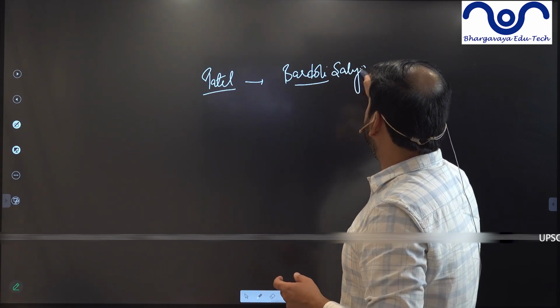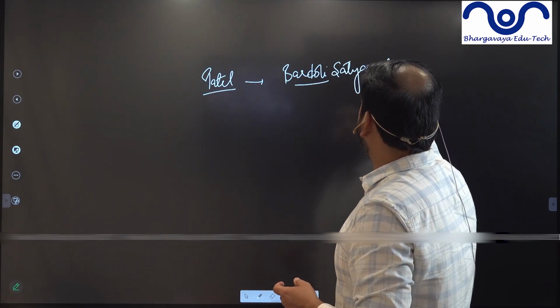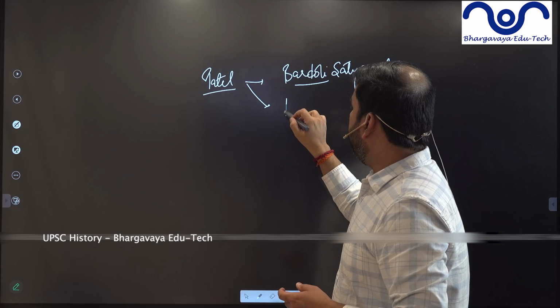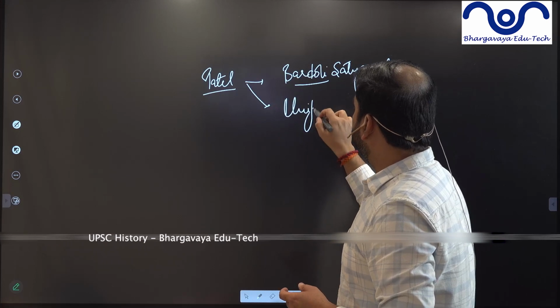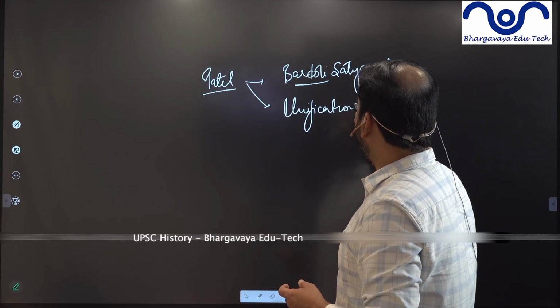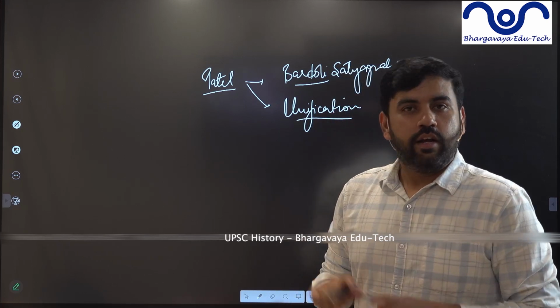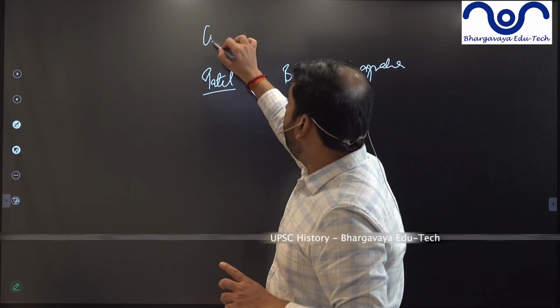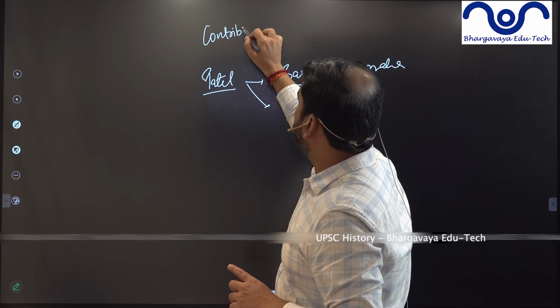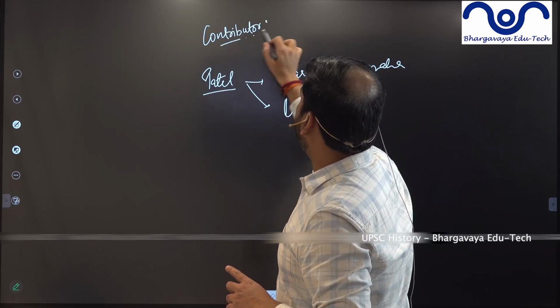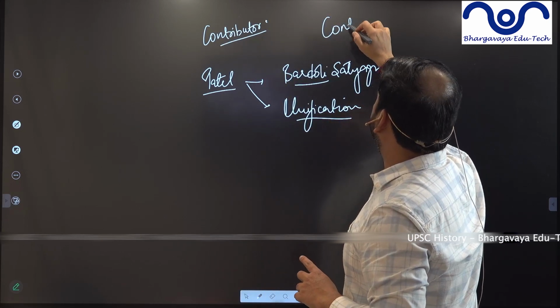We'll come across these things. He also helped in the unification of India. That is also something we are going to discuss with many interesting stories. So this is contributor, and this is contribution.